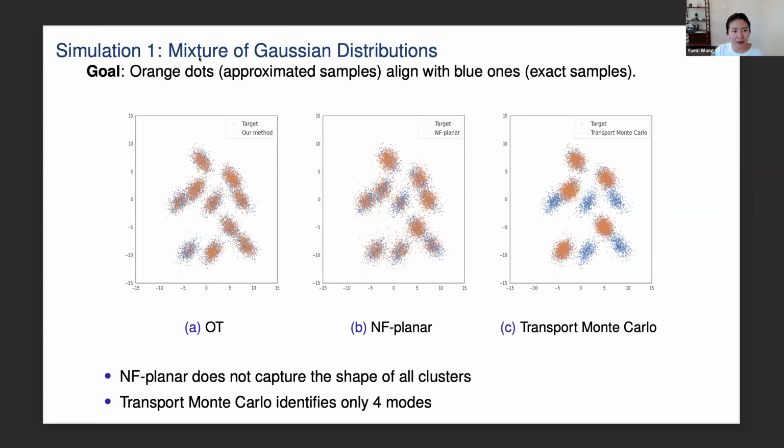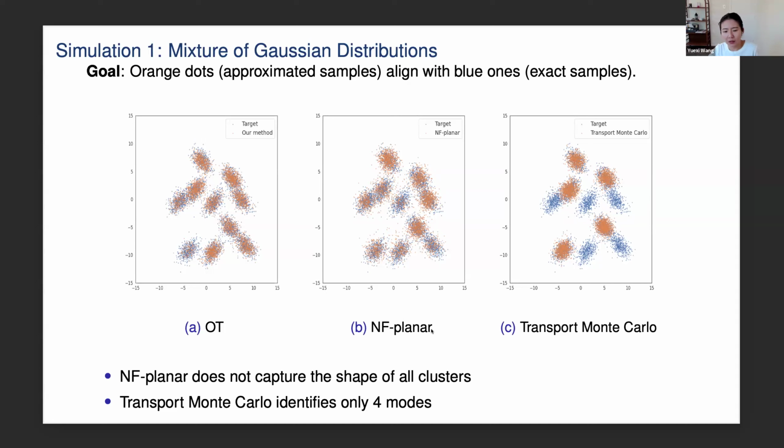So here, the first simulation example we consider is the mixture of Gaussian distribution. So the blue dots here are the exact samples from this mixture of Gaussians, and the orange ones are the approximated samples generated by different transport maps. So you want the orange dots to line up well with the blue dots.